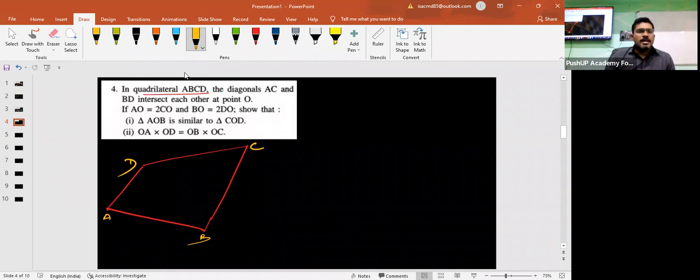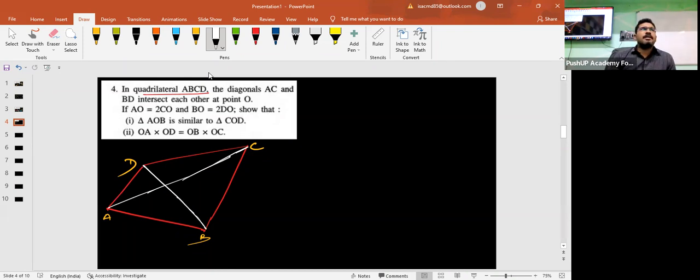Now what they are saying: the diagonals AC and BD intersect each other at point O. Obviously, in a quadrilateral you will have 2 diagonals, right? They both are intersecting, so let me draw the 2 diagonals, one is AC and the other one is BD.